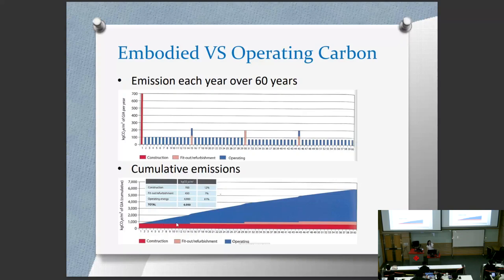If you accumulate all these embodied carbon and operating carbon at the end of the lifetime of the building, the total would be around 6,050. At the end of the lifetime, the total emissions would be 6,050.